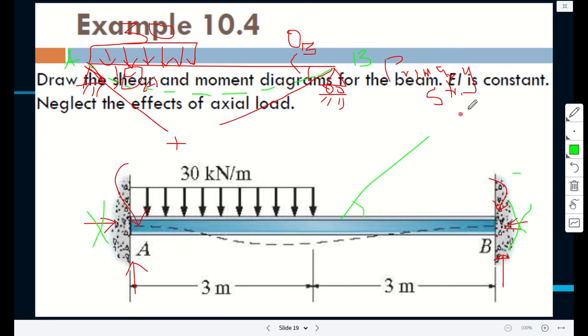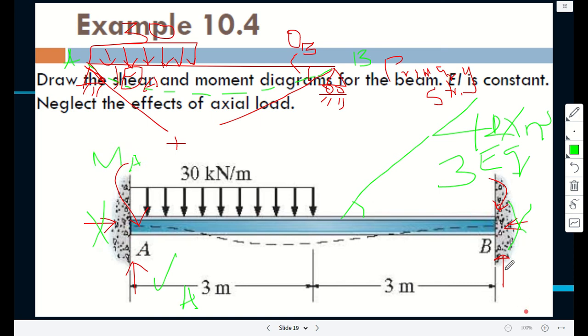So in this case, we only have four reactions. We have four reactions and three equations of equilibrium. So this structure is statically indeterminate to 1 degree because the reactions are the vertical VA and MA there, and VB and MB.